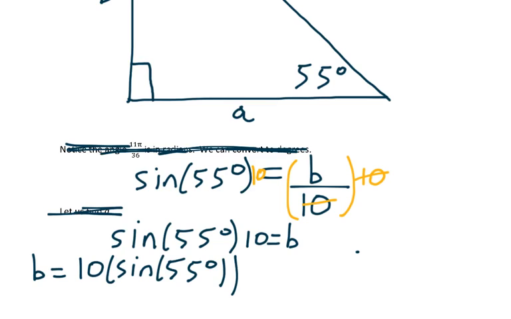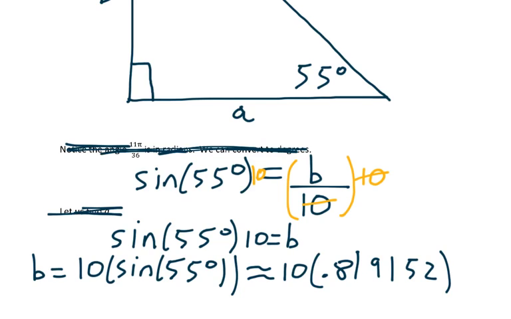And if you do that, what you end up with is, so we have the 10 here from before, we get 0.819152. Again, I'm rounding to more than 4 decimal places. So here I'm using 6.